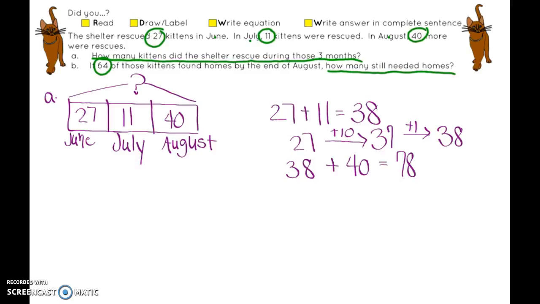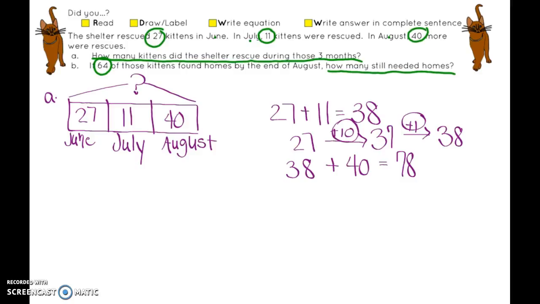To solve my problem, I first added 27 and 11 together. To do this, I use the arrow notation. I first added 10 to 27, which gives me 37. Then I needed to add one more, which gives me 38. I took my 10 and my 1, which equal 11, so 27 plus 11 equals 38.